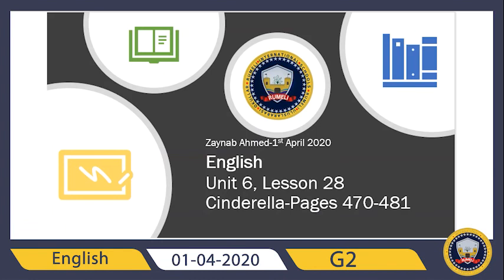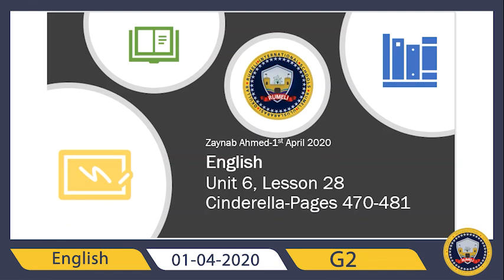We are going to complete Unit 6, Lesson 28 today. Yesterday, you did the Yishin story. Today, we are going to start a new story, Cinderella. It is the second story in the same lesson, Lesson 28. We are going to do pages 470 till 481.